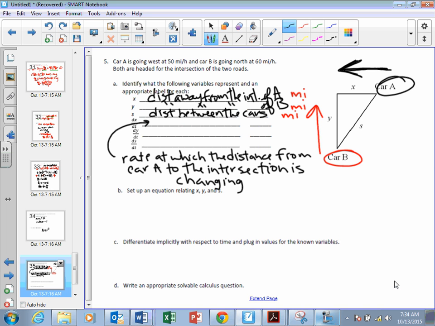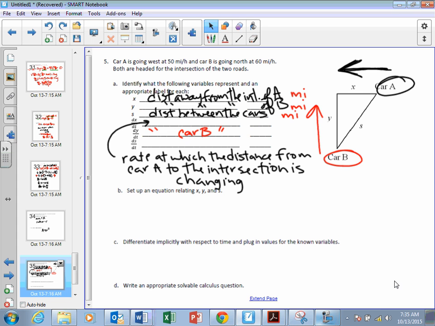And now dy/dt, we're going to have the exact same thing as above, only we're going to put car B. It's the rate at which the distance from car B to the intersection is changing. I wanted to say that rather than something a little vague about the rate at which they're traveling, because we've got to account for the fact that dx/dt, the rate of change of x here, is actually going to be negative because x is shrinking.